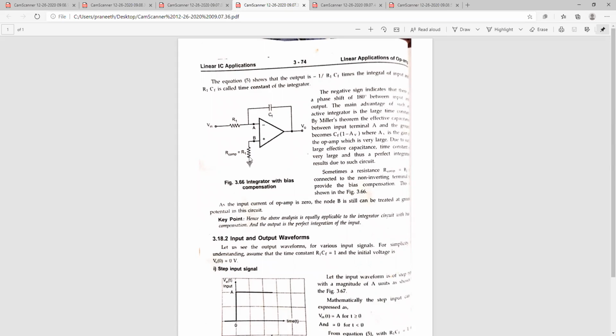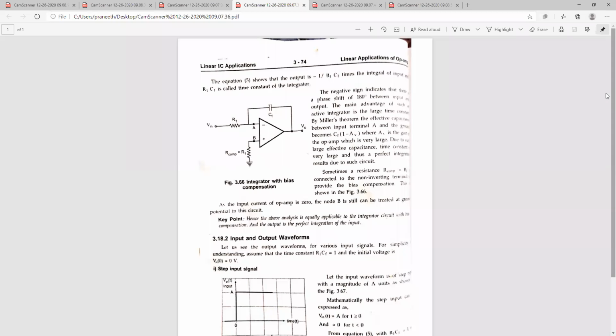So this modified circuit is generally used for bias compensation. No doubt the circuit will be acting as an integrator, but the small modification is that additionally we have added a compensation resistance at the non-inverting terminal. Of course, this doesn't make much change. Simply this is used for bias compensation if necessary.